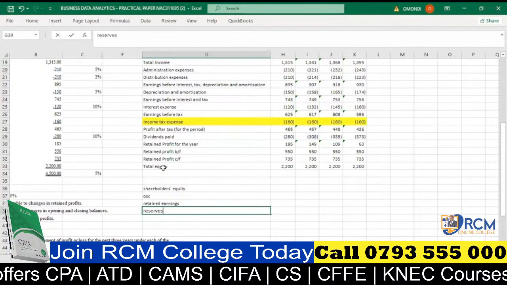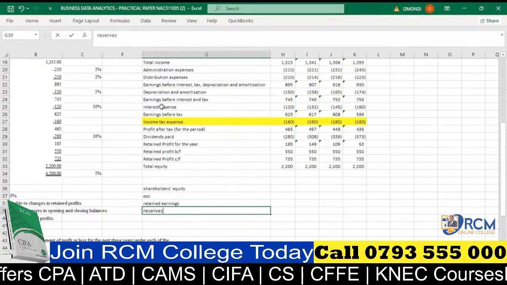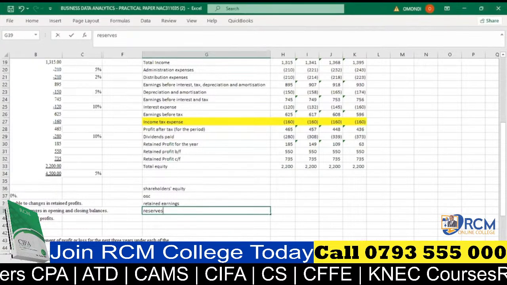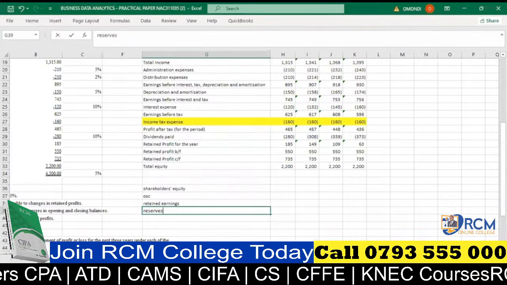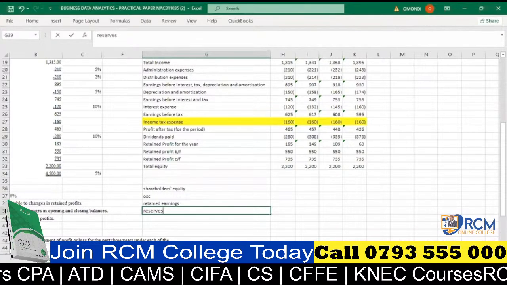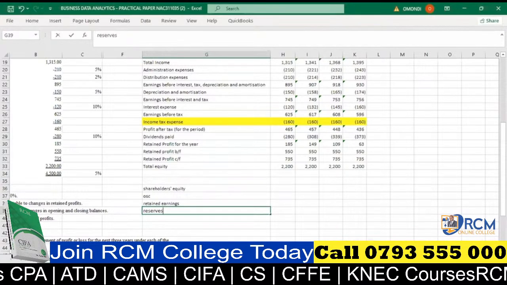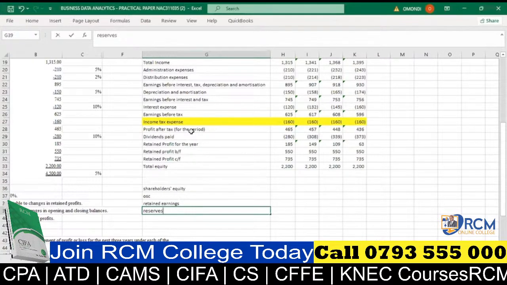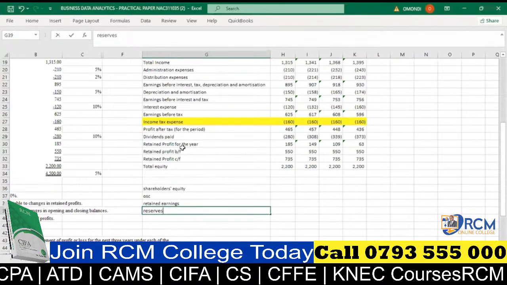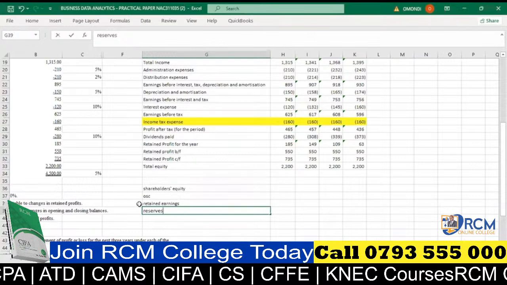We all have all that. But now we are being told that the total equity, in this information given to us, is constant. The only thing that is going to affect equity or the changes in equity is the retained earnings. So we don't have all those other things.